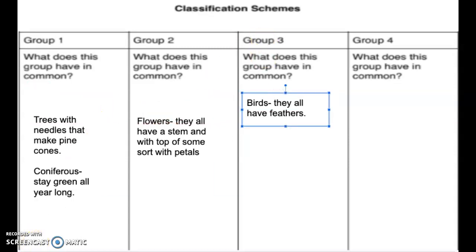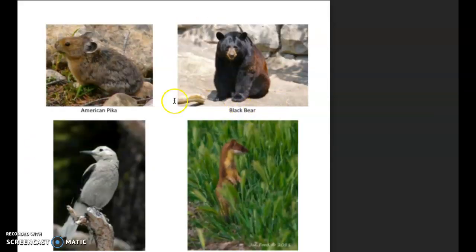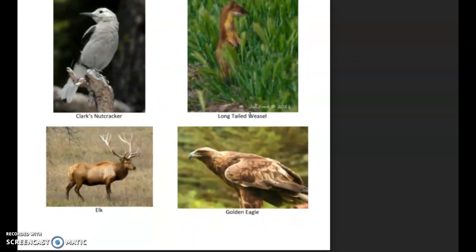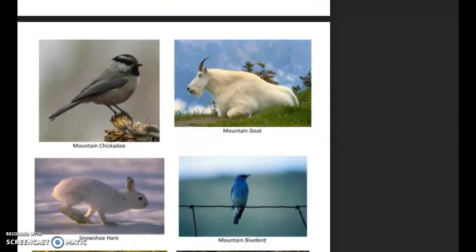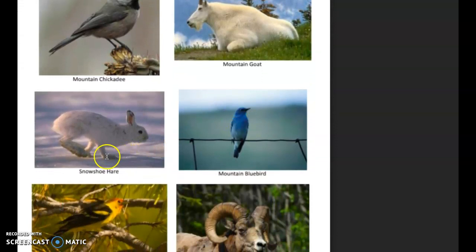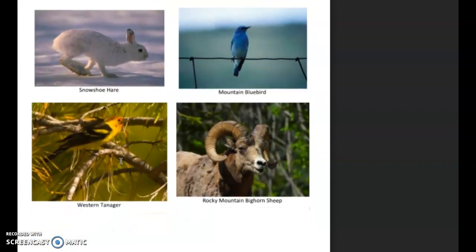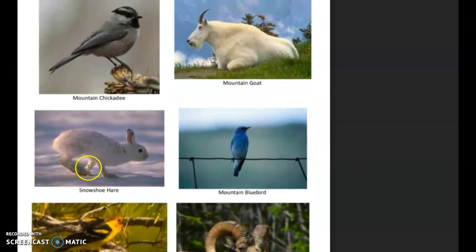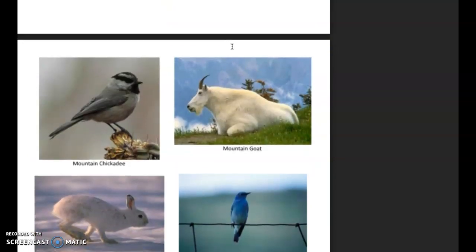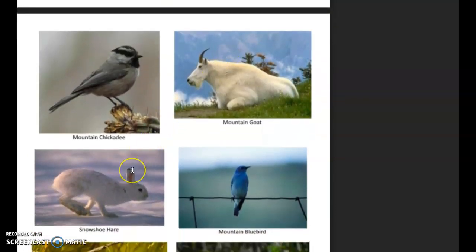Okay. And then last but not least, our fourth group is going to be, again, if we go back, we've got the American pika, black bear, elk, the mountain goat, snowshoe hare. Can you think of how these animals are similar? A rabbit is very different from a mountain goat.